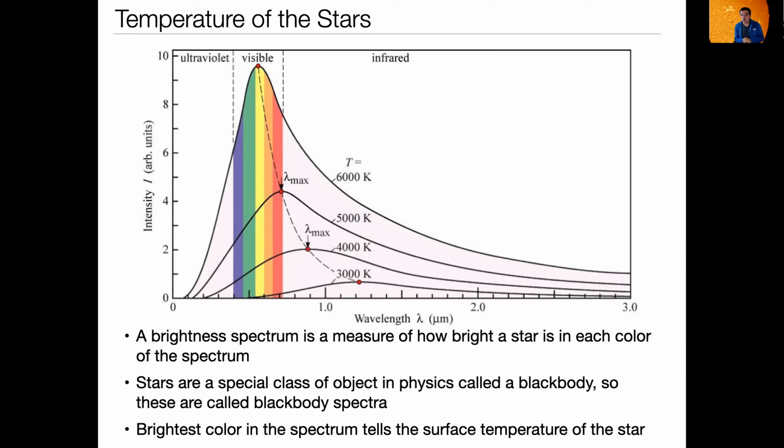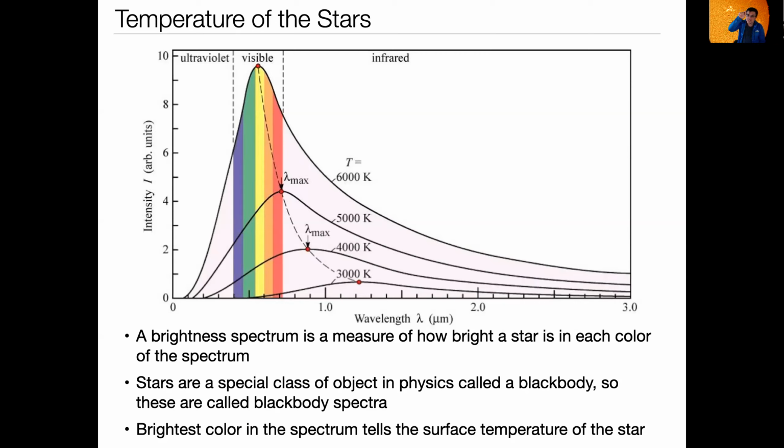And the overall color that a star appears to be has to do with where the top of that curve actually is. The top curve here that's labeled 6,000 kelvins is the spectrum of our own sun. If I measure the color and brightness of the sun through each of those filters, it makes that curve and it peaks up there around the yellow and the green.